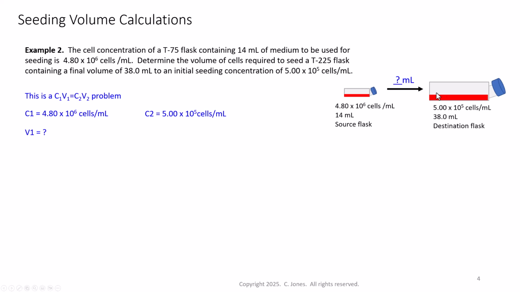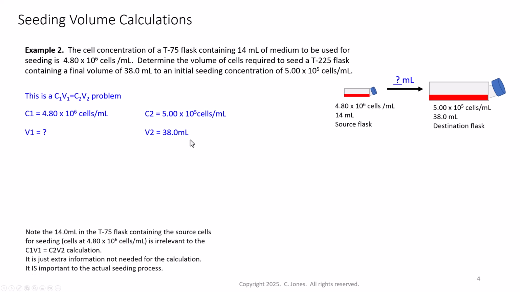So that's what we need to calculate. And then V2 is the final volume that we want to end up with in the destination flask, and that is 38.0 mils.